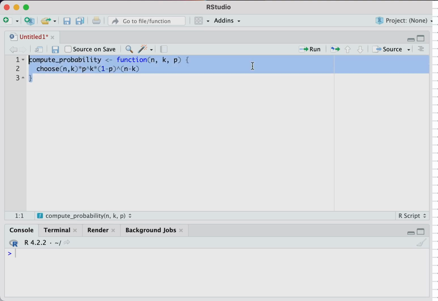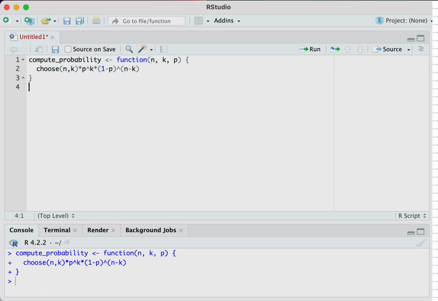Okay, I'm going to run this. Down here it says, great, I got it. Then let's check that it matches our intuition from problem 8. In problem 8, we computed the probability where we had 3 coins and 2 heads, and the probability of getting a head was 0.1.